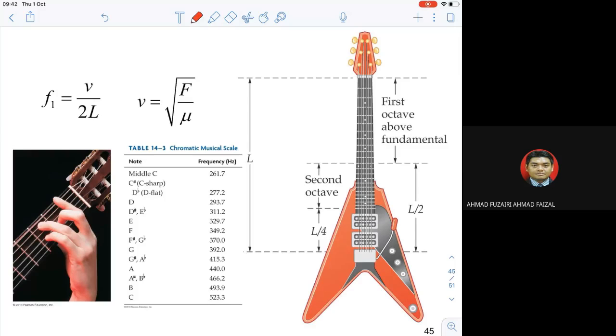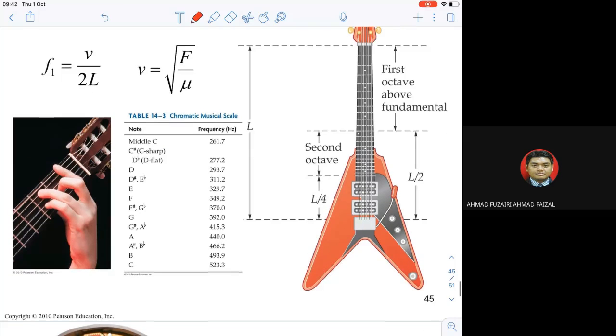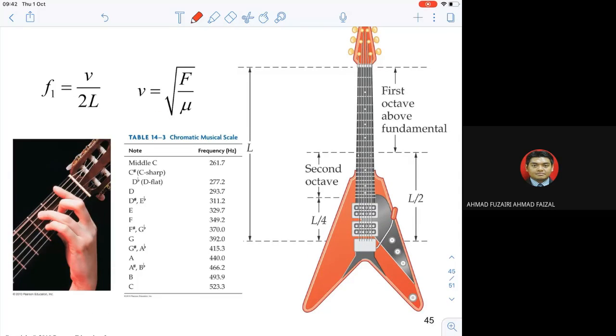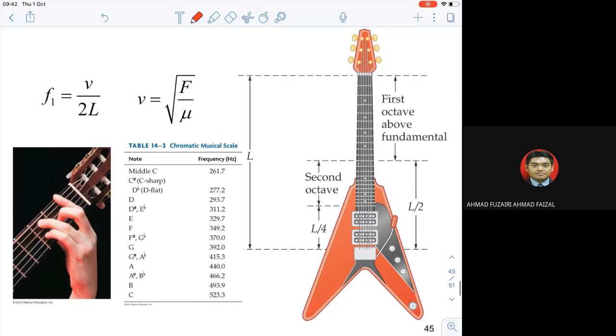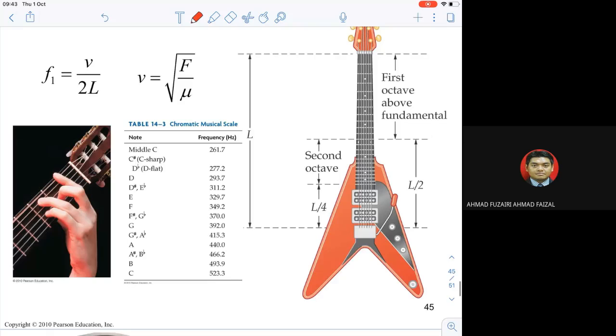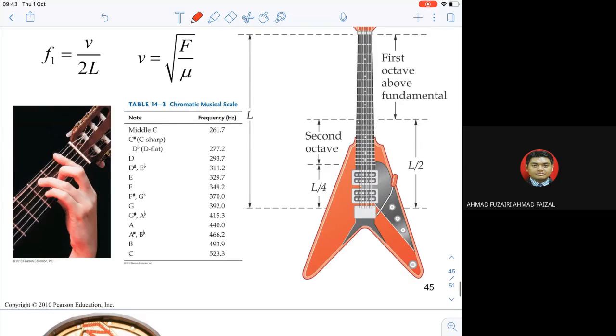Okay, where you have C or the C sharp, where you have D. Okay, you need to find what is E, and F, and so on. Okay, so they will have different frequencies. That's why we should get our fingers on the right strings to get the notes.